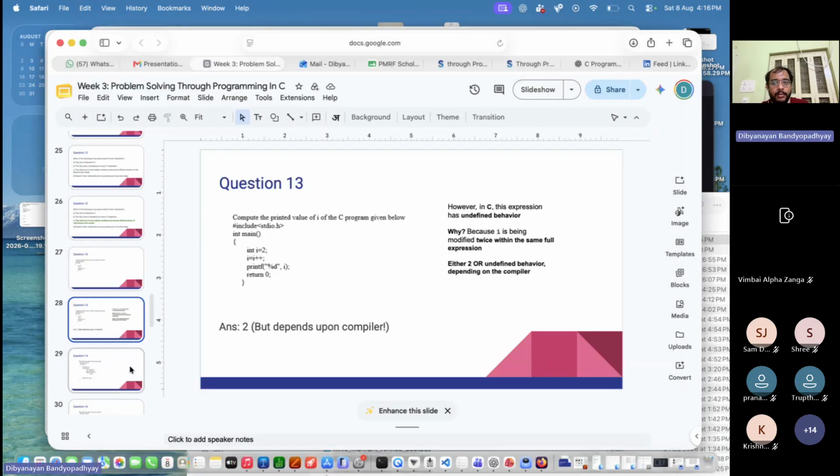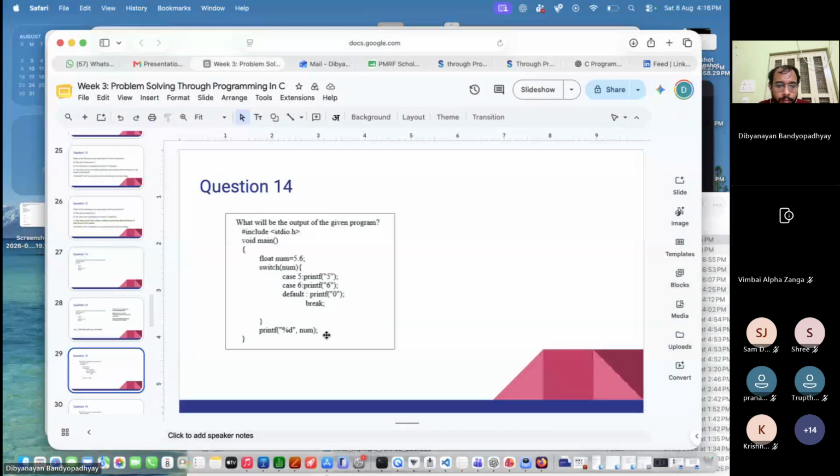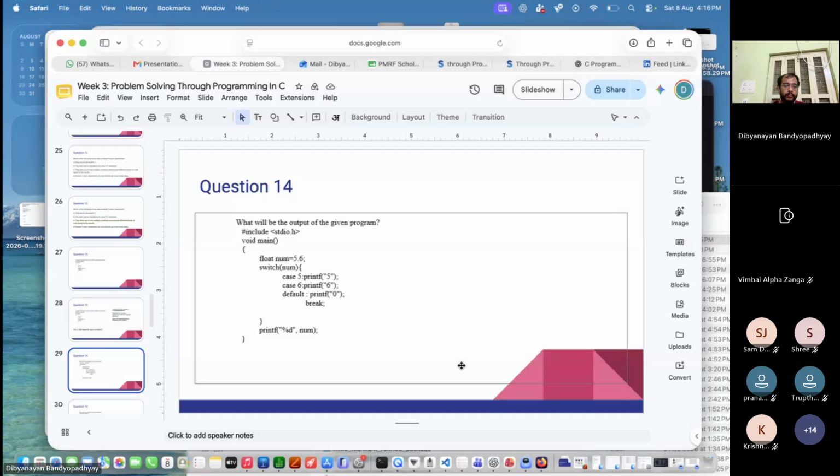So this is question number 14 now. What do you think will be the output?